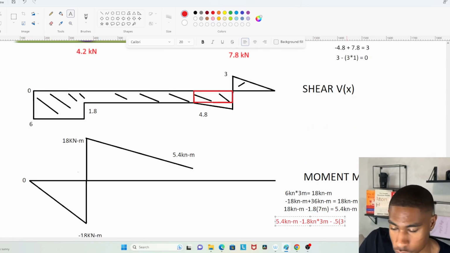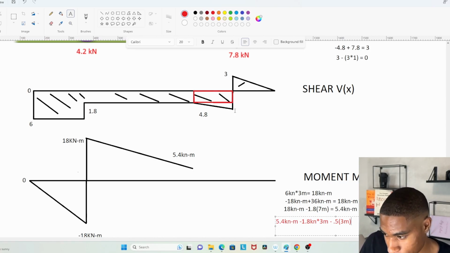And what's the height? Well, we went from 4.8 to 1.8, right? This is the 1.8, and at the corner of our triangle is the 4.8. So that's a height of 3 meters. 4.8 minus 1.8 is 3.